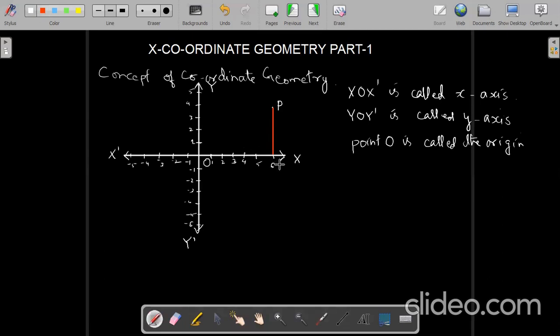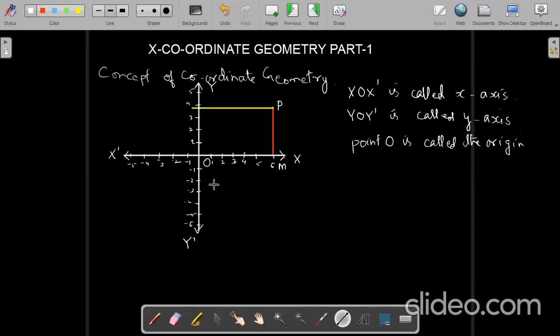Let it be PM, and then drop the perpendicular from P on the y-axis. This comes at point 4, for our convenience, because we have not taken the exact point.